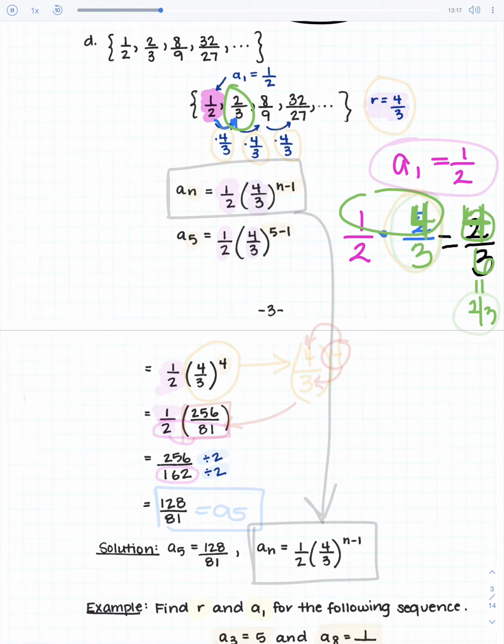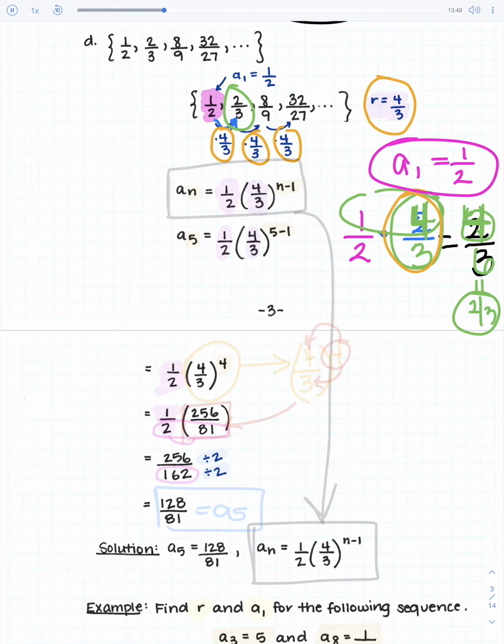So what did I multiply by to get that 1/2 to turn into a reduced 2/3? Well, I multiplied by this fraction here in the middle. I multiplied by a 4/3. So that's going to be our common ratio: each time I'm going to be multiplying by a 4/3. Remember that my first term was 1/2. Now I've found out my common ratio is 4/3.